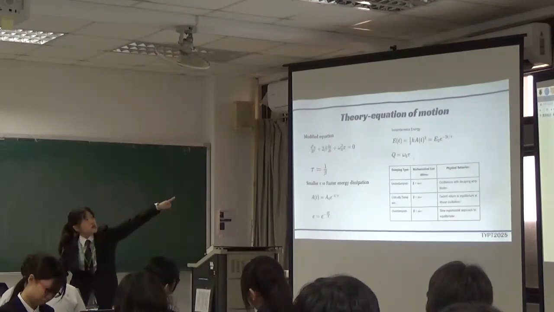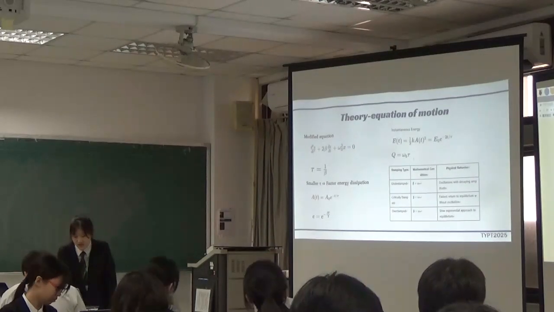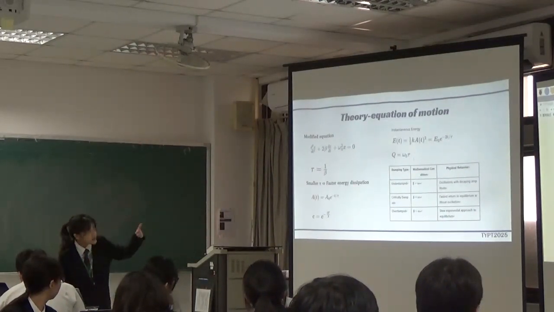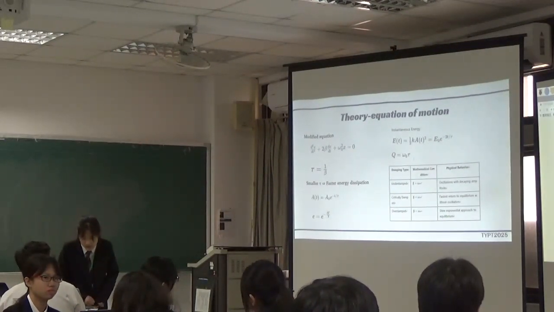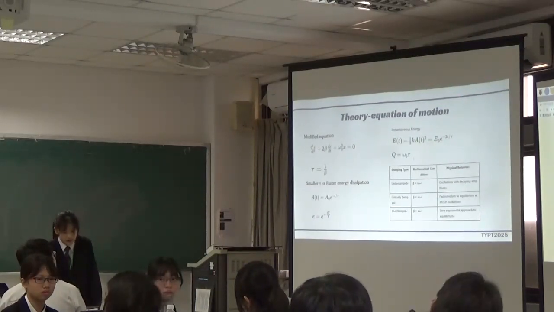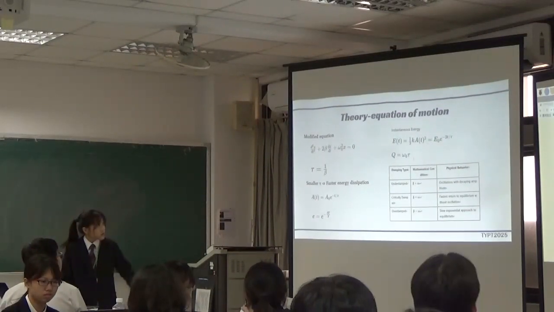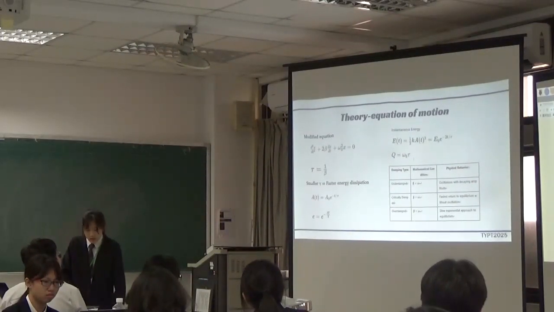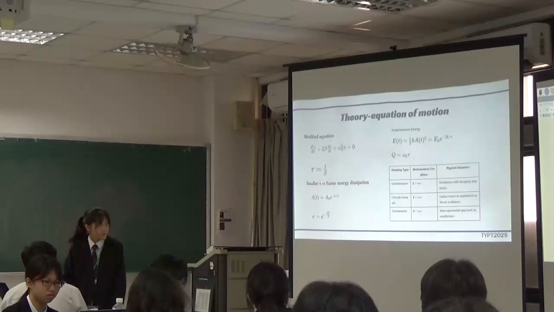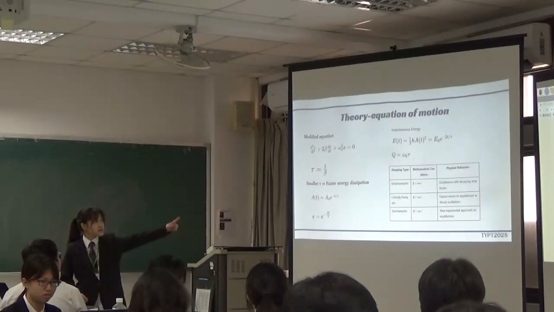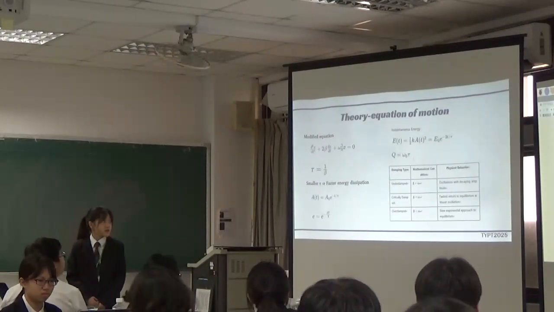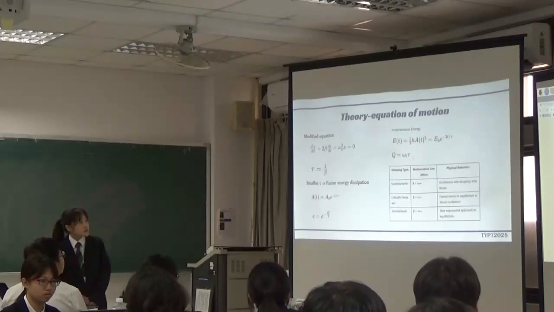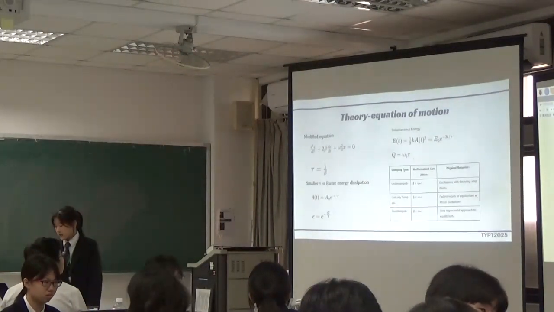By seeing that, you can see that energy decays twice as fast as amplitude. And that one is the quality factor, which measures the oscillation efficiency. And these are the 3 types of damping, which we will talk about later.